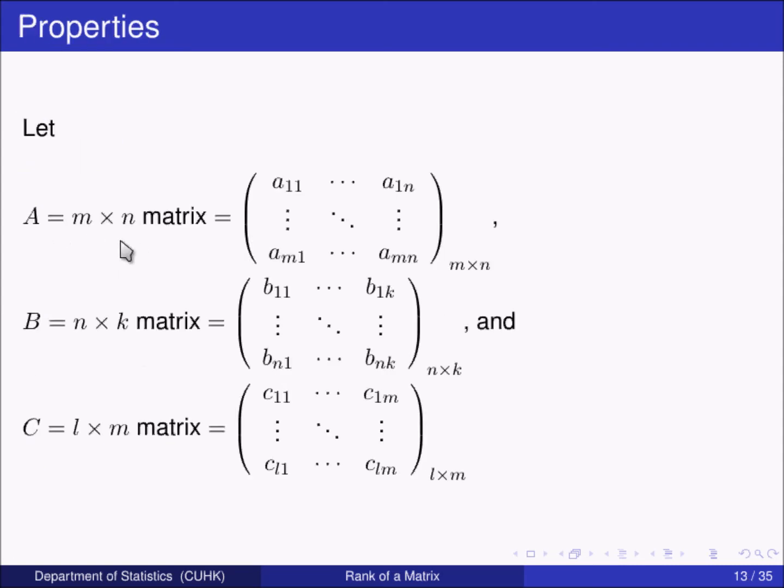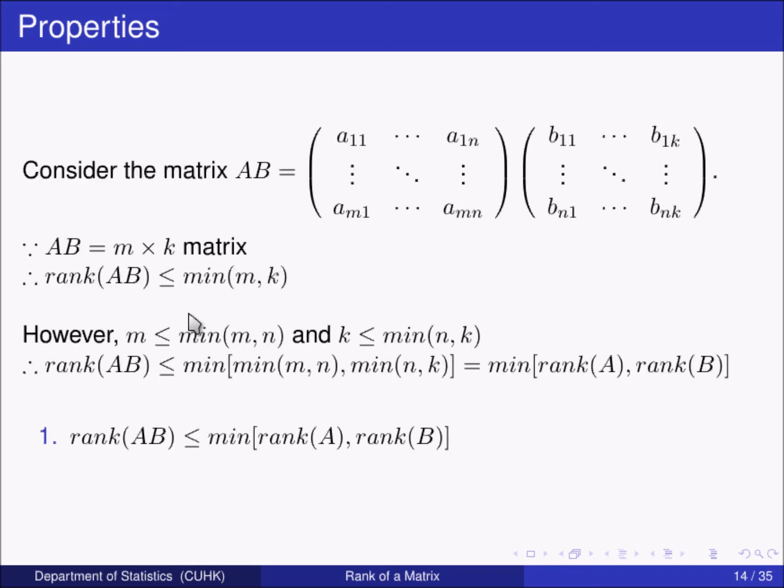Let A be an M by N matrix, B be an N by K matrix, and C be an L by M matrix. Consider the matrix AB.